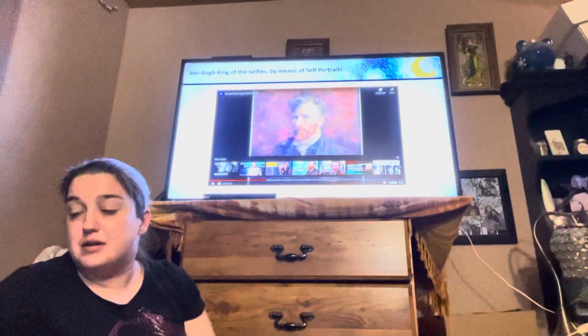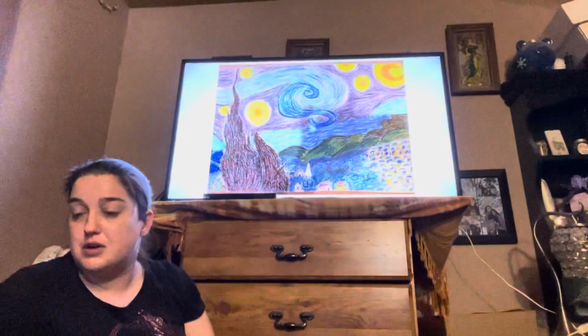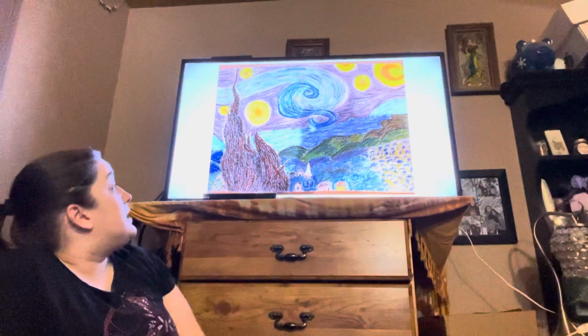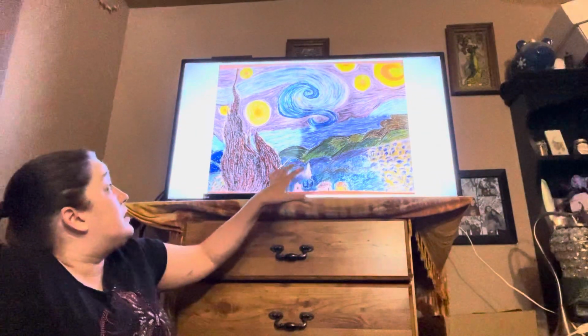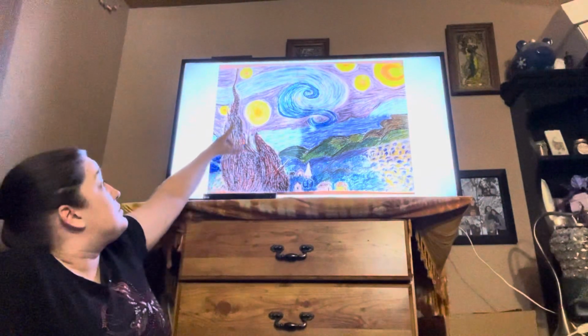So here I have recreated Vincent van Gogh's Starry Night. And you can see I've used greens and yellows and blues with yellows in the blues. I've got reds.